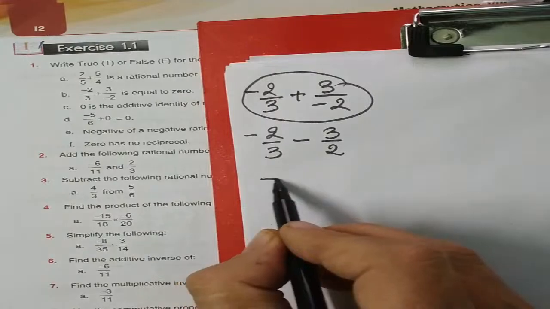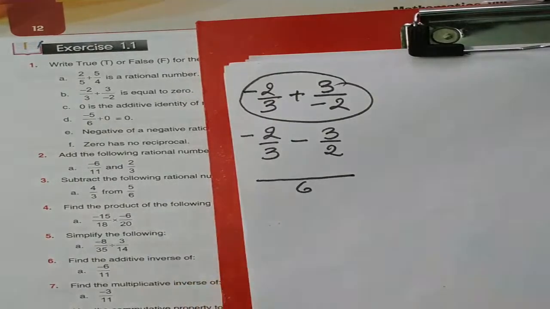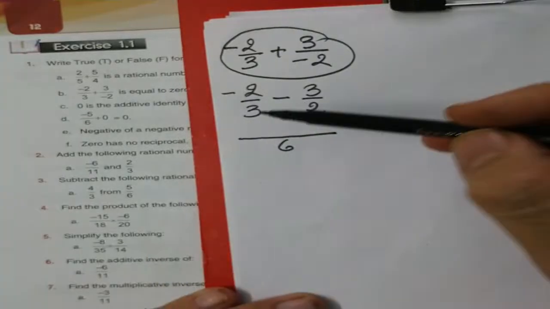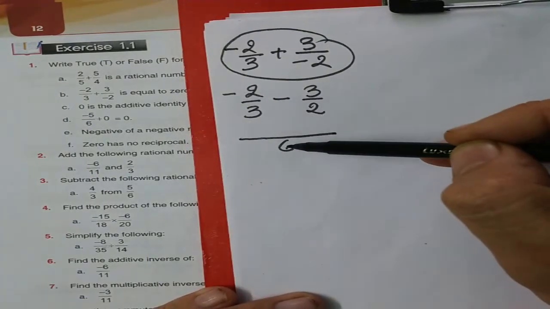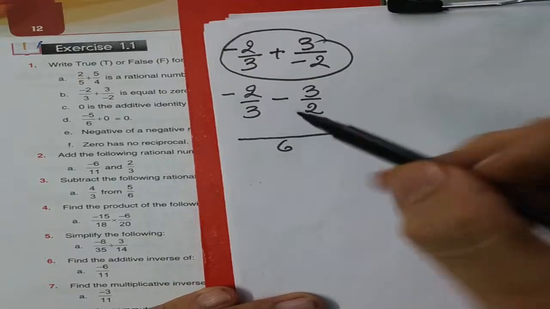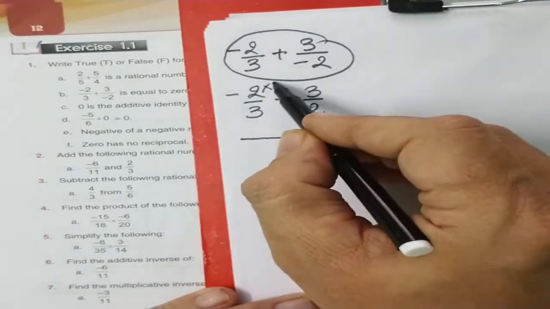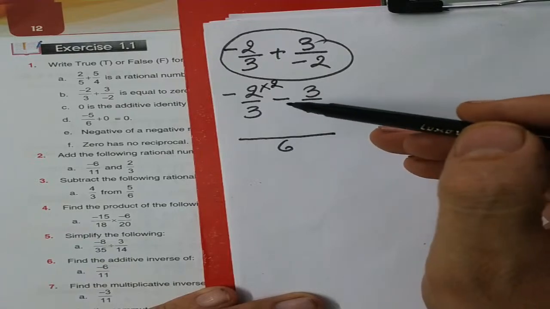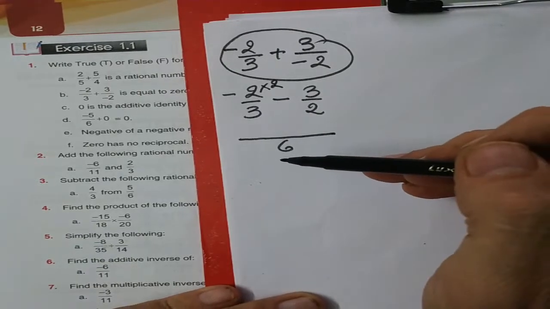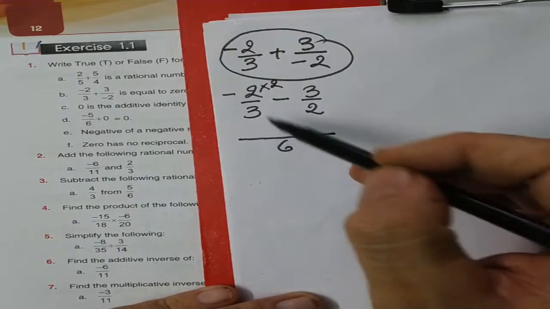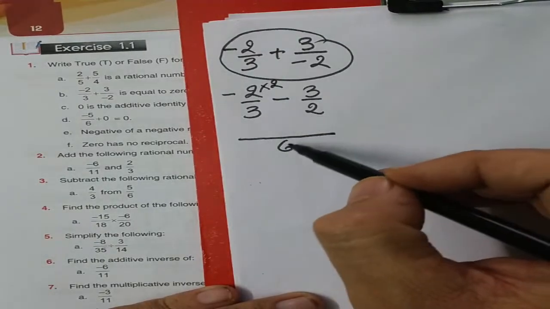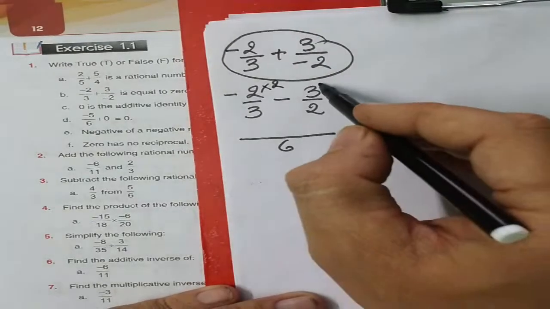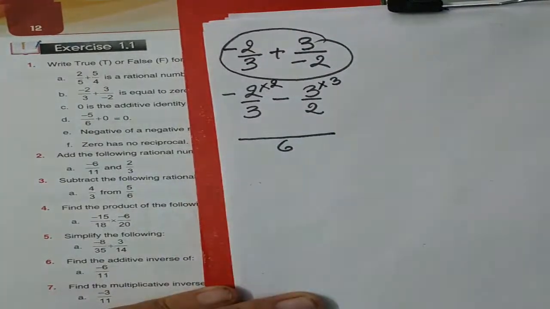Now the LCM of this number is 6. Since the LCM is 6, now what will it become? 3 will divide 6, 3 will go 2 times. So you should write it in this way in your mind. 3 divides 6 two times, and it will become 2 into 2, and 2 will divide 6, 3 times, so 3 will go in the numerator.